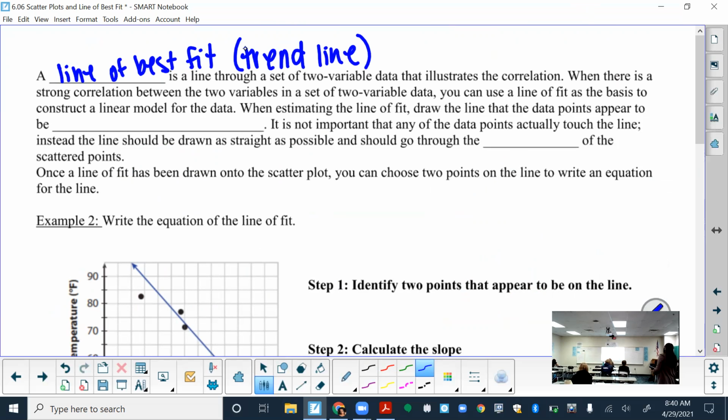When there's a strong correlation between two variables, you can use it as a basis to construct a linear model. So if it's really strong against the data, like we saw on the first page, I can use that line to help me predict other data points that are on there. When estimating the line of fit, you're going to draw the line that the data points appear to be clustered around.